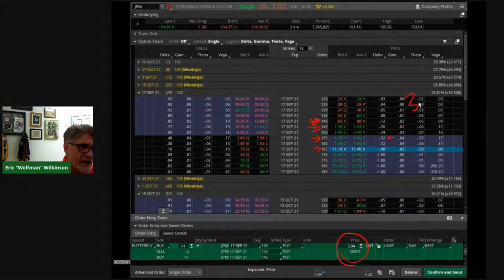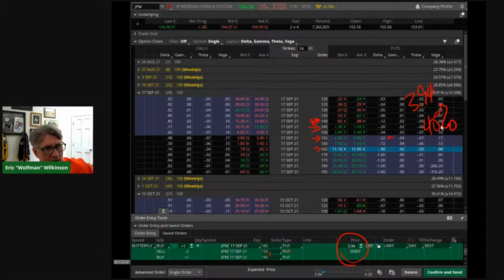Because I've got $3.94 and I've got $10 wide. Actually, it's about 40%. Sorry. So it's right in between that third to 50% the width of the spread. I thought this was $15 when I looked down there. Sorry. That's pretty good on a strategy like this.